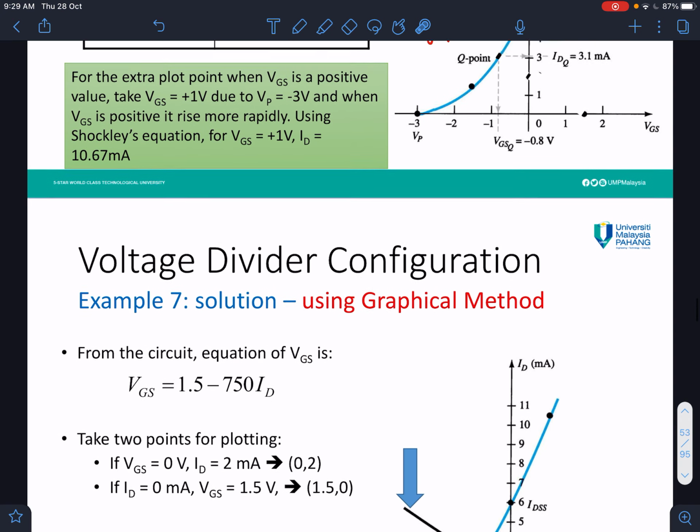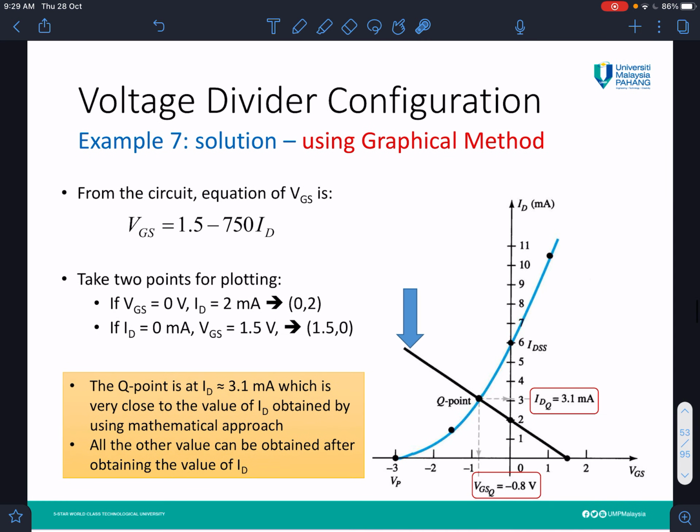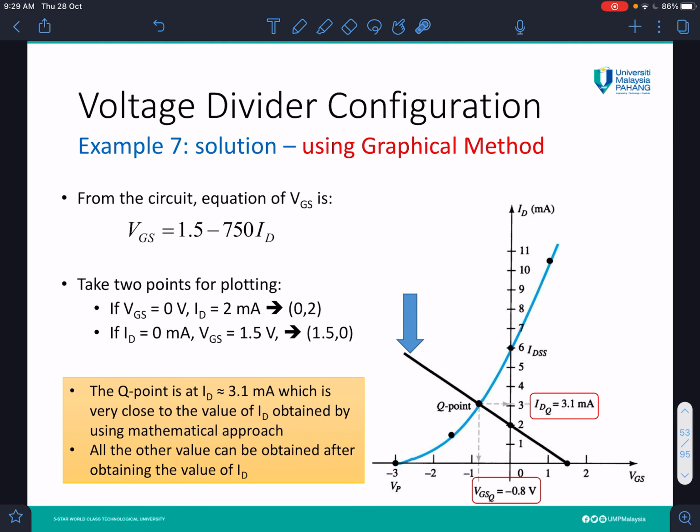Next, we go for the circuit equation, which is VGS, and again this equation is obtained from the circuit. The general equation is VGS equal to VG minus ID times RS, and referring to the circuit from the previous question, RS is 750 ohm.